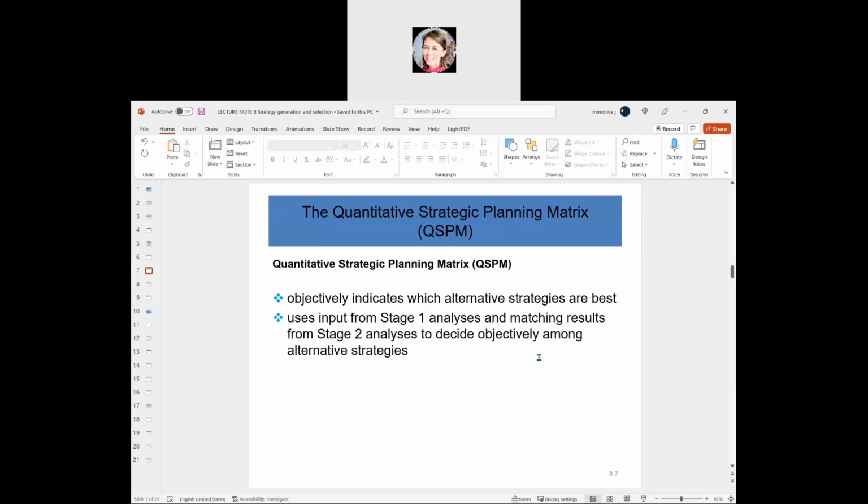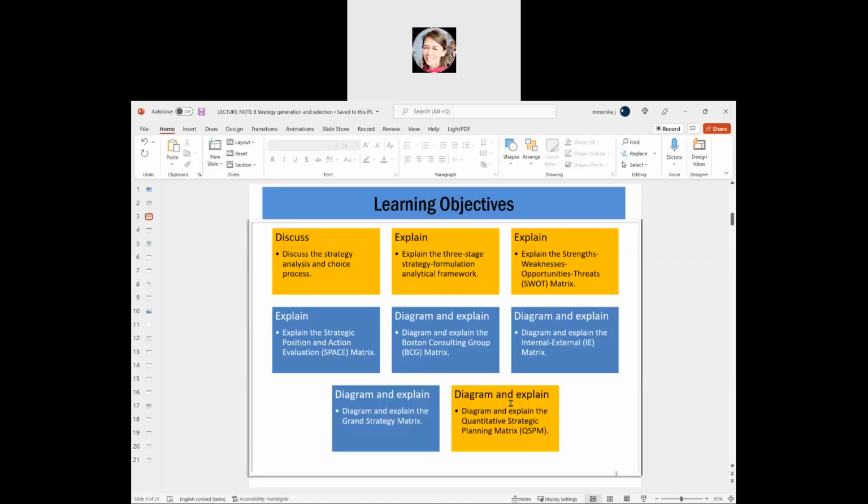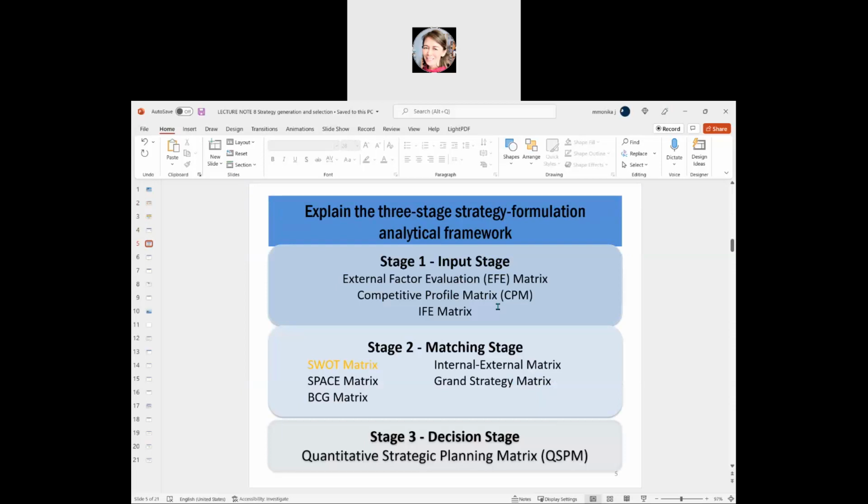So after evaluating the internal and external factors in stage one, I may be repeating, but this is very important. After evaluating the internal and external factors, you come up with the SWOT matrix, which is stage two, and finally you arrive at stage three, which is the decision stage, or the QSPM.